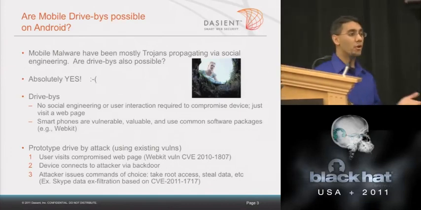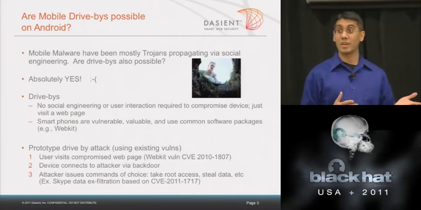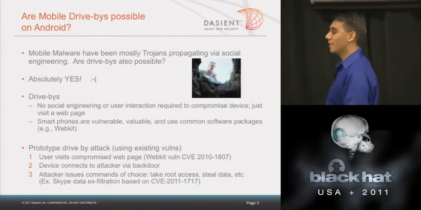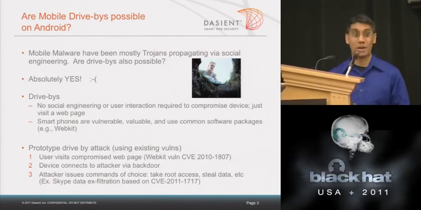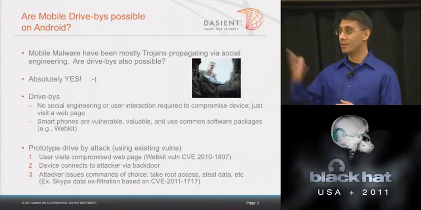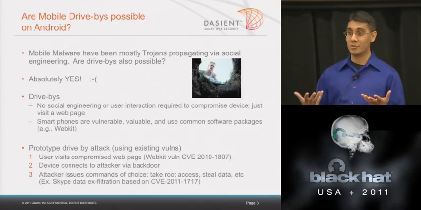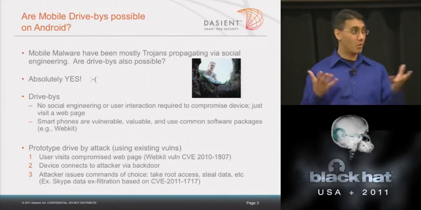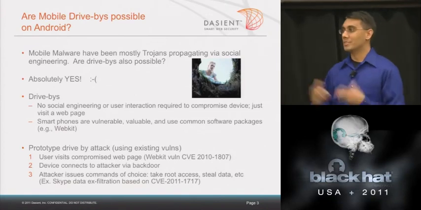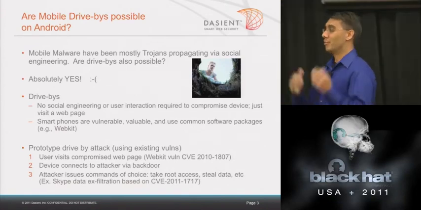I mean, if you look at other mobile platforms, if, for instance, you look at iOS, there have been drive-by types of things taking place on iOS. So for those of you that are familiar with Jailbreak Me, if you go to the Jailbreak Me site with your iOS phone, just by loading a web page on your phone, it will jailbreak your phone and pretty much unlock it.